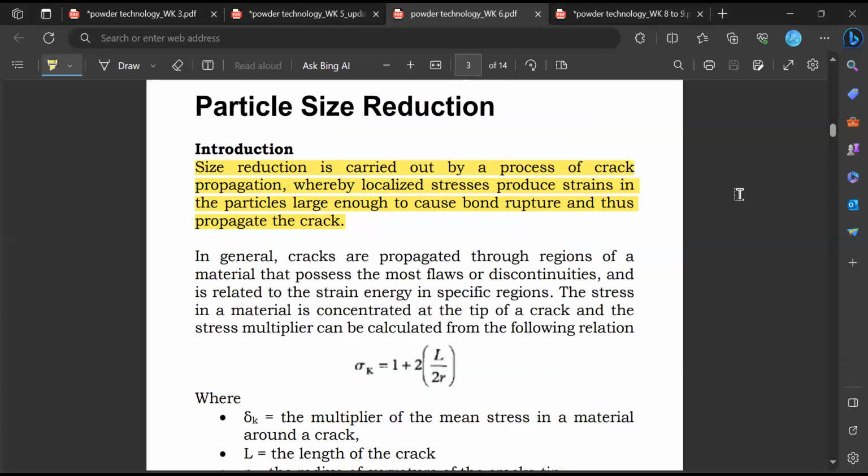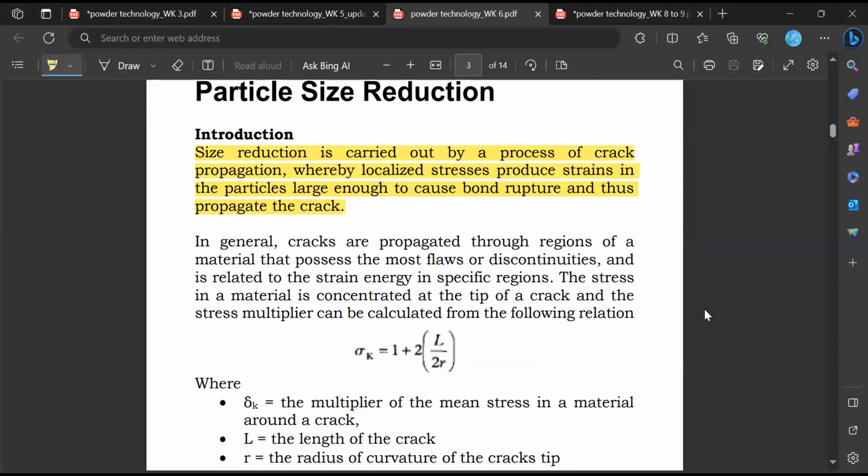What happens in particle size reduction is that you have to propagate a crack into a particle. You apply stress to that particle and a crack will propagate, and the crack is usually large enough to cause bond rupture.